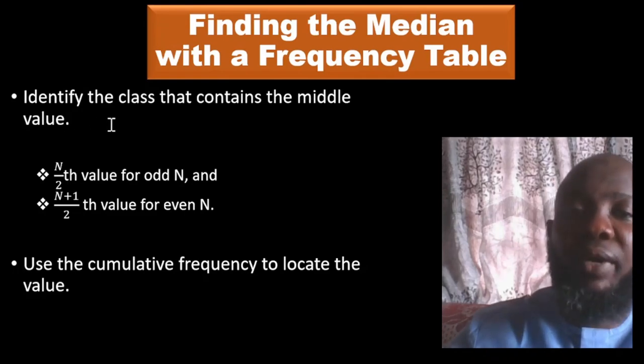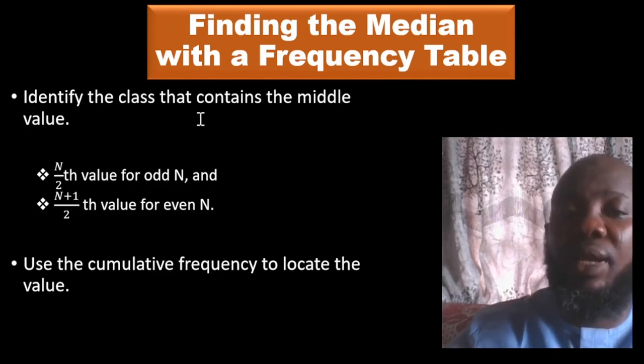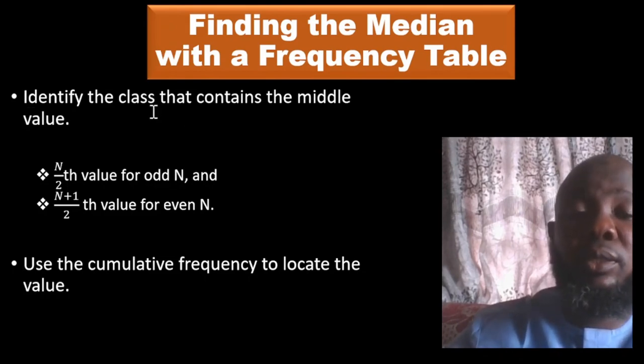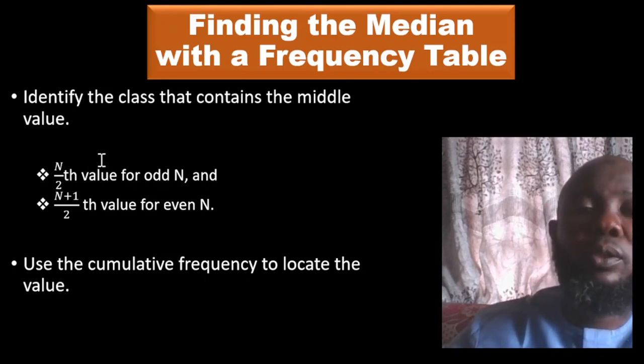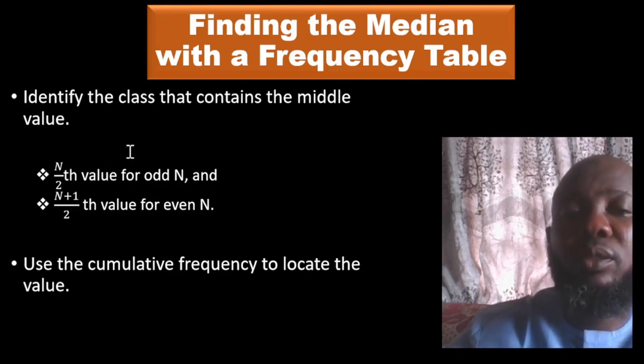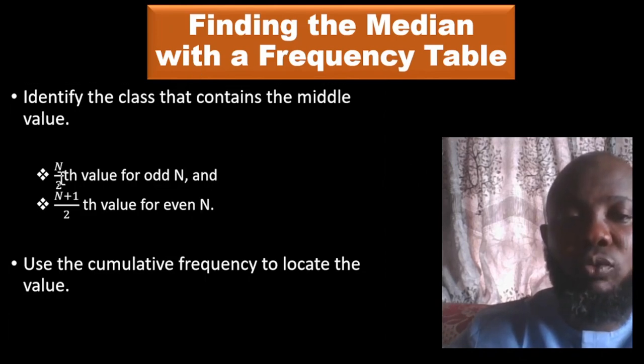So finding the median with a frequency table. The first thing you need to do is to identify the class or the value that contains the middle value. To do that, we have two methods. If the sum of the frequency is odd, where n here means sum of frequency, we make use of the number divided by 2.